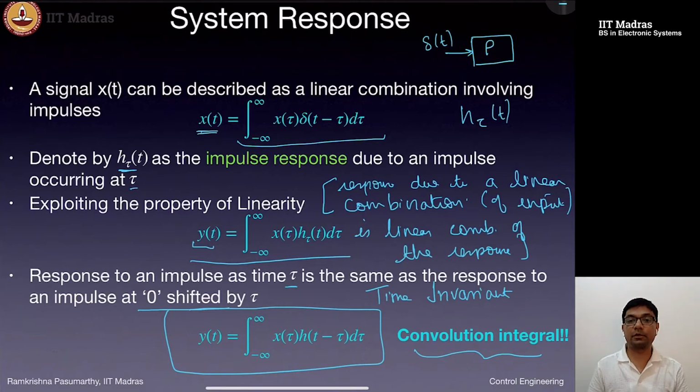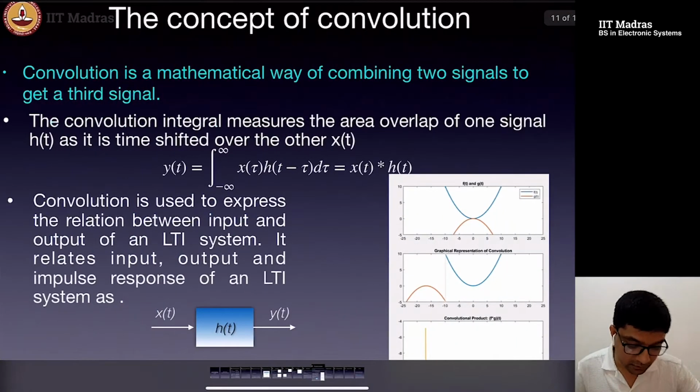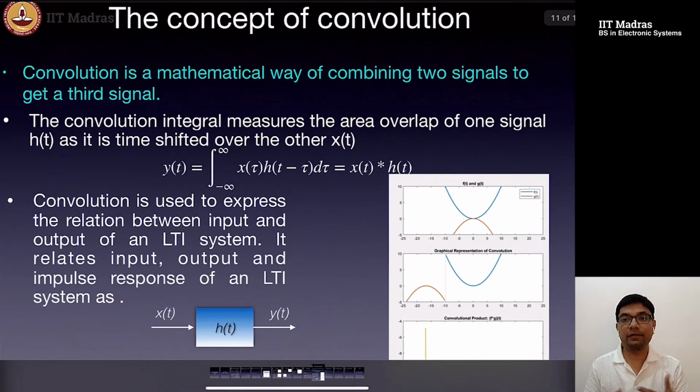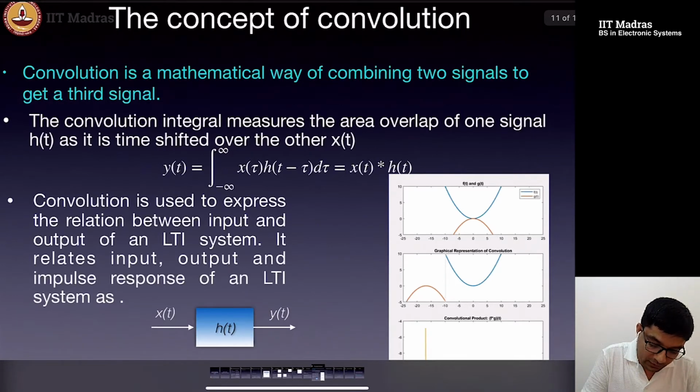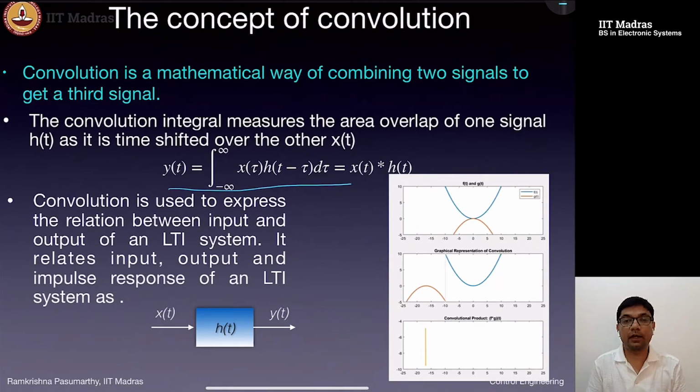and it largely captures the response of a system to different kinds of signals. Okay, so this convolution is a mathematical way where I combine two signals to get a third signal. So the convolution of x and h results in this nice looking integral here. Don't worry about why this is so, it has a very good graphical interpretation. And this convolution is used to express the relation between input and output of an LTI system.